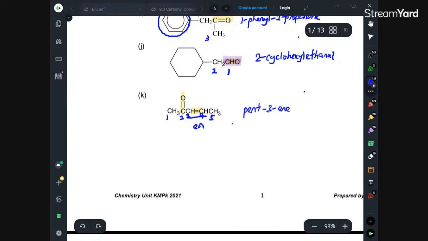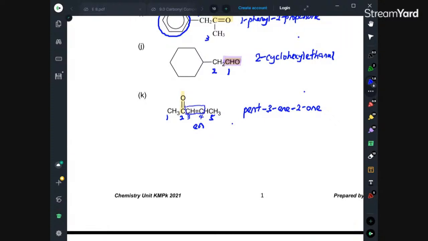Pent-3-en, and then 2-one. Pent-3-en-2-one. Three refers to the position of the carbon-carbon double bond. Here is C3, here C4. That's why pent-3-en-2-one.